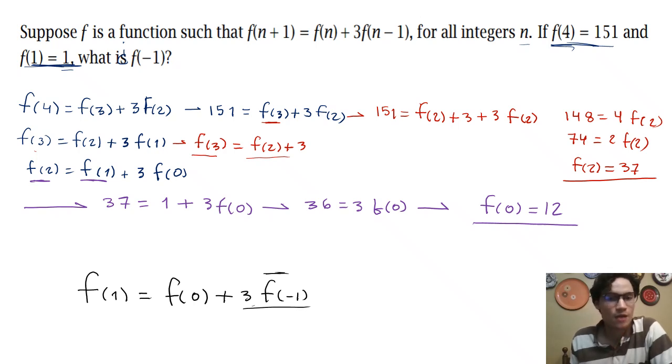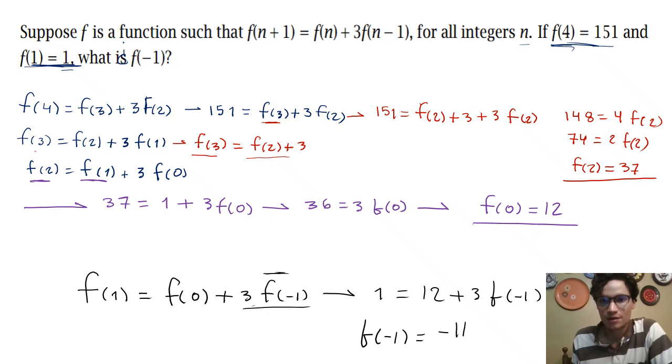So we have all the values. We know that f(1) is 1, and that is equal to f(0), which is 12, plus 3 times f(-1). So now we just solve for f(-1), and we get that f(-1) is equal to -11 divided by 3. And that is the solution of our problem.